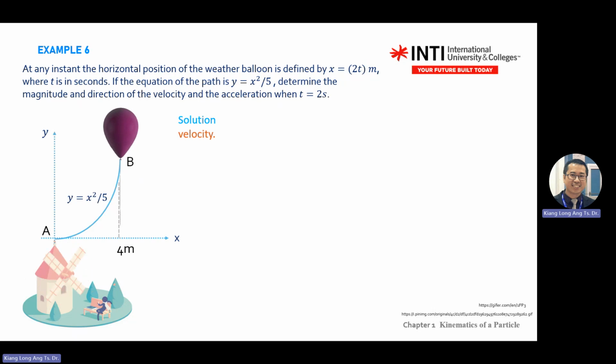Okay, we start with the velocity. And on the graph here, you know that from A to the bottom of B, there is 4 meters. So you have y equal to 5x squared. You have x equal to 2t.